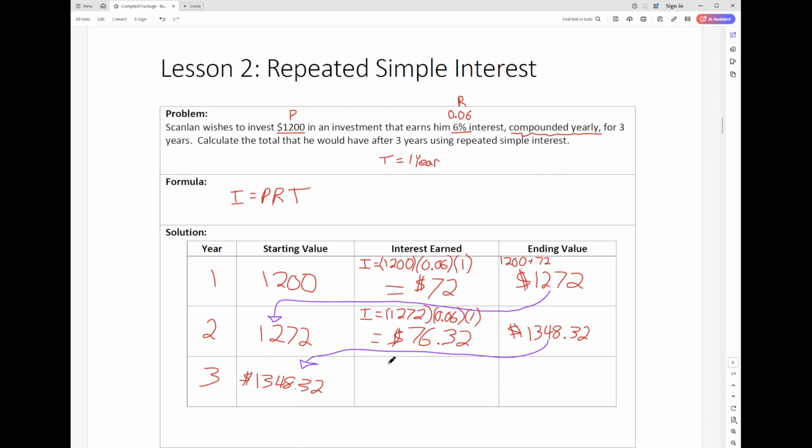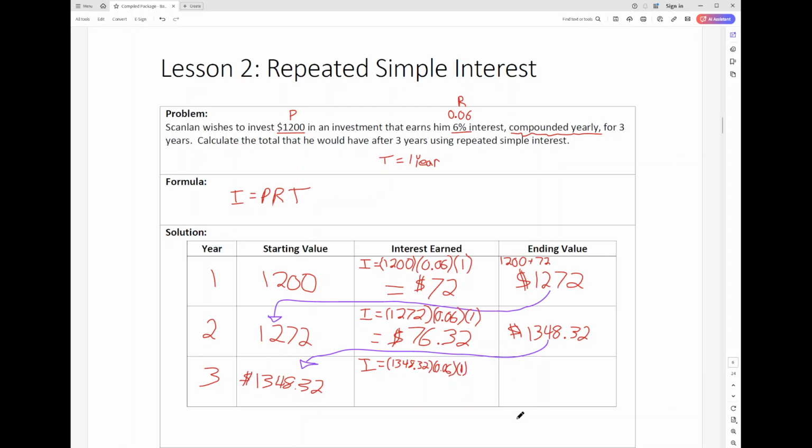Interest is equal to 1348.32 times 0.06 times 1.